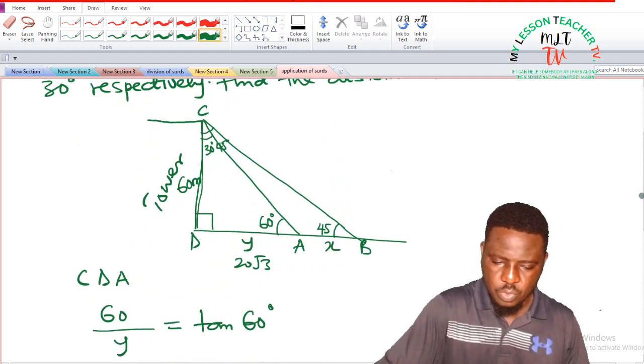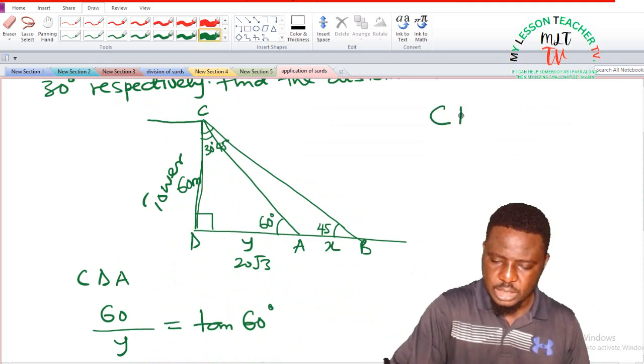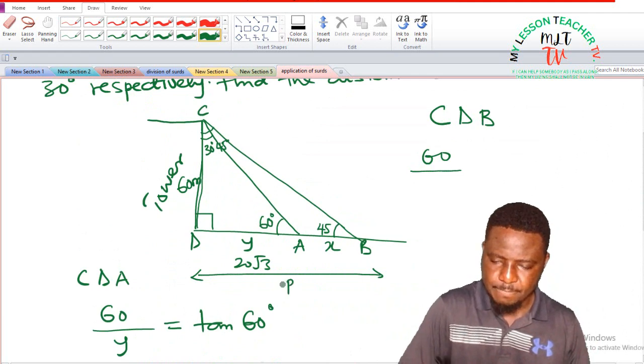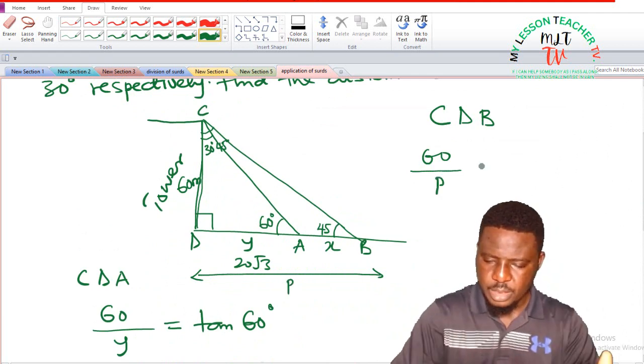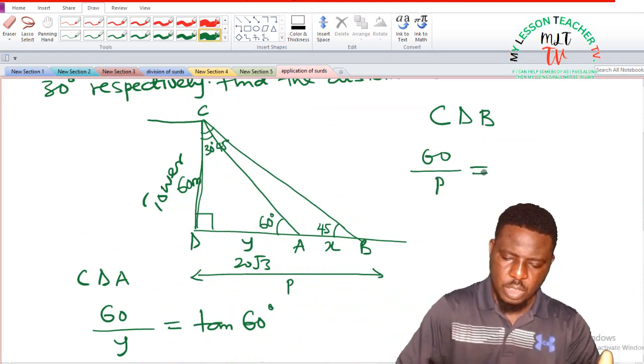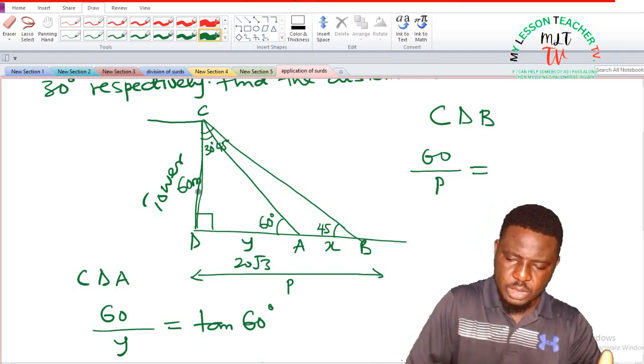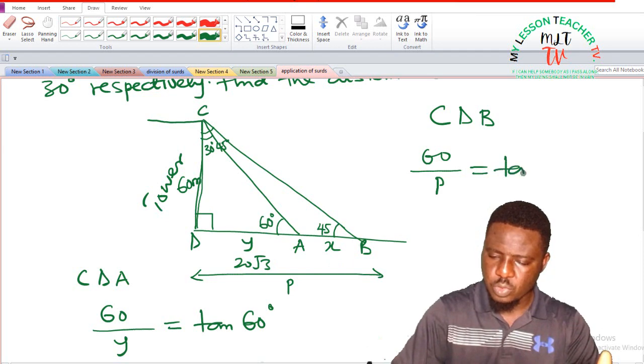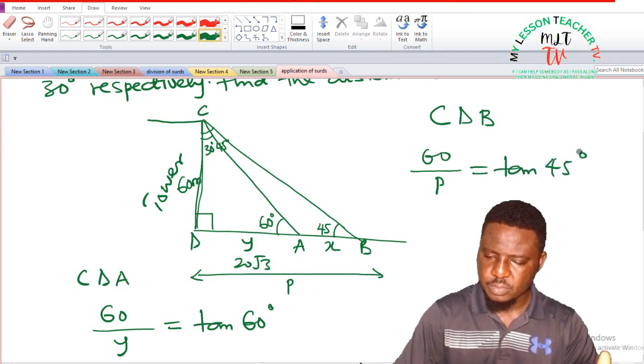So, considering triangle CDB, we have it that 60 divided by, let me call this whole place P, 60 divided by P is said to be equal to, this is opposite over adjacent. It is also equal to tan 45 degrees.